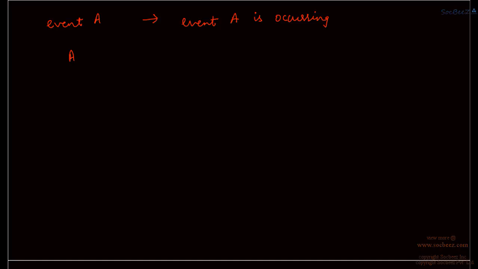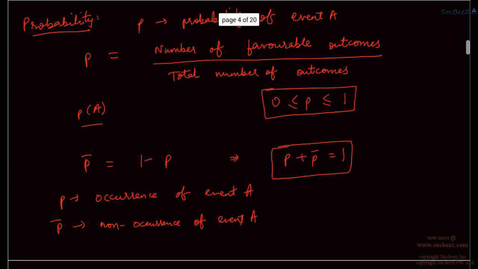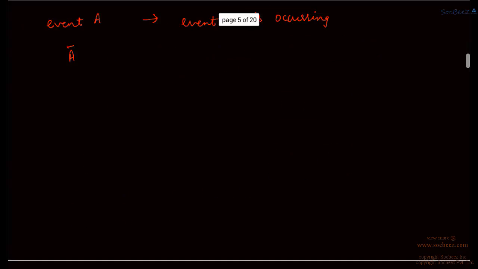Now, if event A is not occurring, just like I wrote in the previous slide, instead of P bar, I can write A bar or A dash or A and then the superscript C. That actually stands for complement. This means event A is not occurring. All of them have the same meaning. One can write any one of these three expressions.